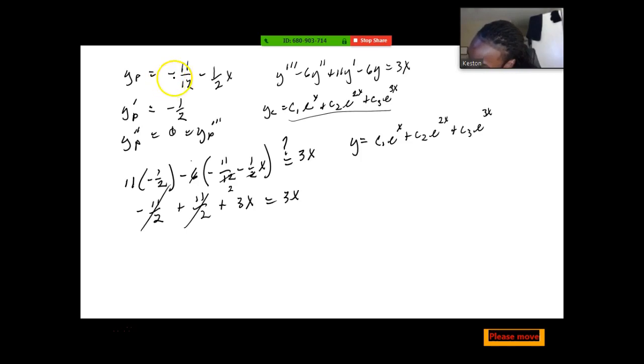Then you write down your particular solution, minus 11 twelfths minus 1/2 x. There's your general solution that solves that differential equation with a 3x there rather than a 0. And that's the solution they got as well. Done.